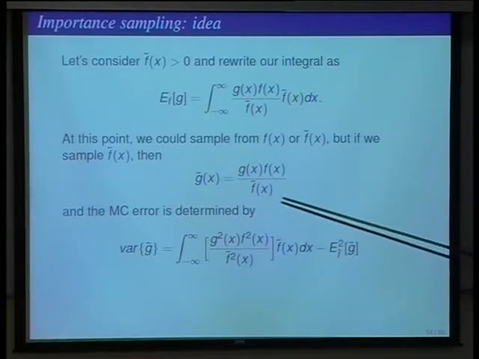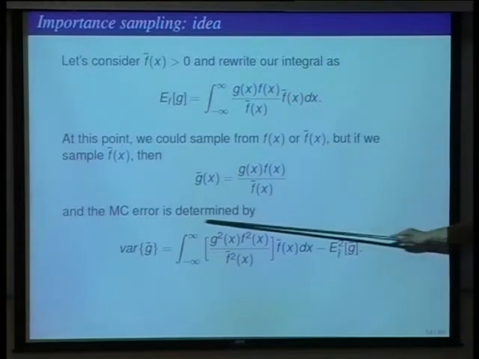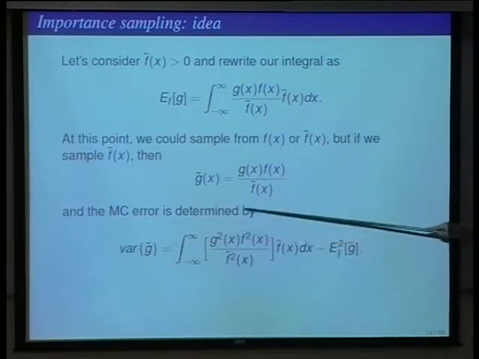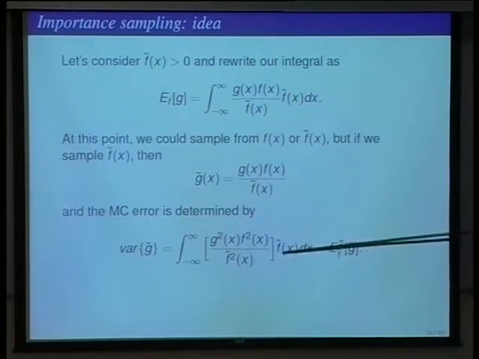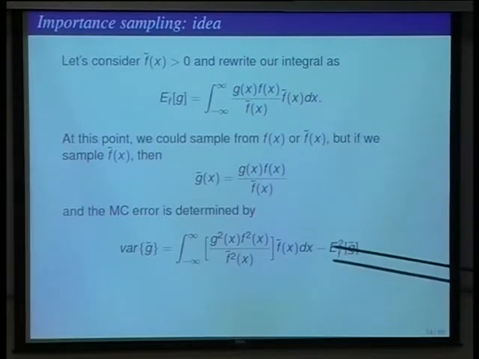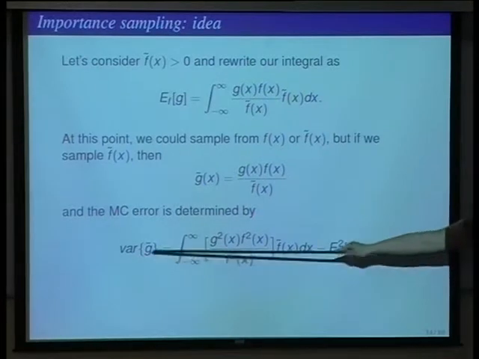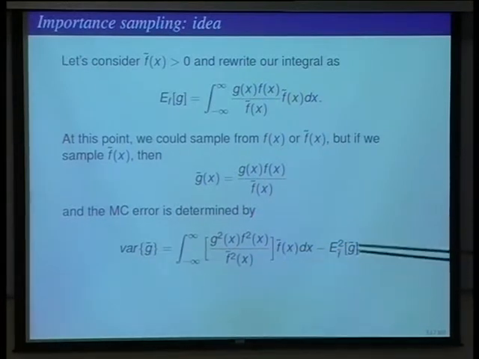I have the expectation of the thing I'm interested in squared, so all of these terms are squared, integrated against the distribution we're sampling from, or the distribution that we're taking the variance with respect to, minus the expectation squared of G. Right, so this is our variance of G tilde. This is what we want to minimize. Right, we want this to be as small as it can be, because the smaller it is, the better our Monte Carlo is.